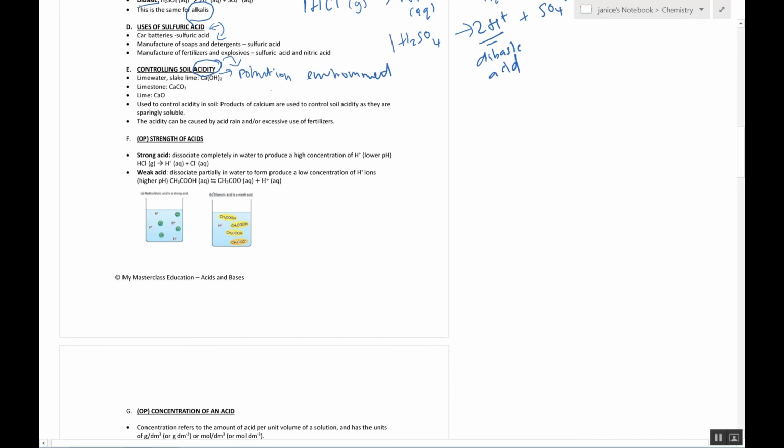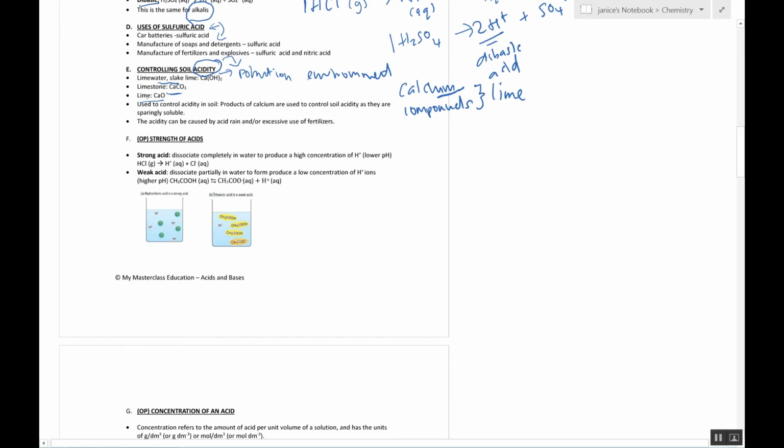To control an acidic environment or pollution in the environment, we have to use what we call the calcium compounds. It must be calcium compounds, and there's a general name, we call them lime. Your limewater or slaked lime is calcium hydroxide, limestone is calcium carbonate, and lime is calcium oxide.